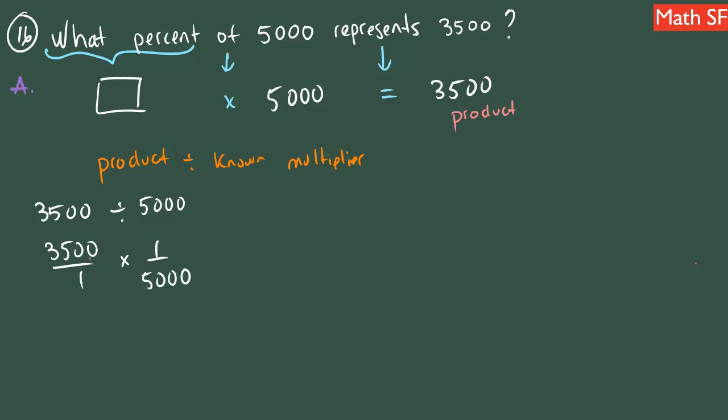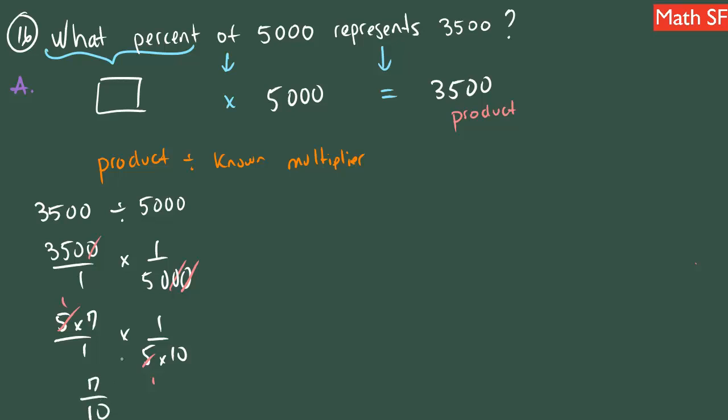Now we can get rid of those zeros, a pair of them. So we're left with 35, which is 5 times 7, over 5 times 10, and the 5 goes away, and you're left with 7 over 10.